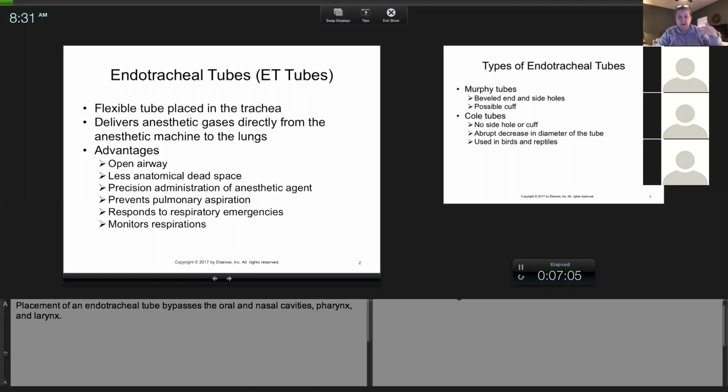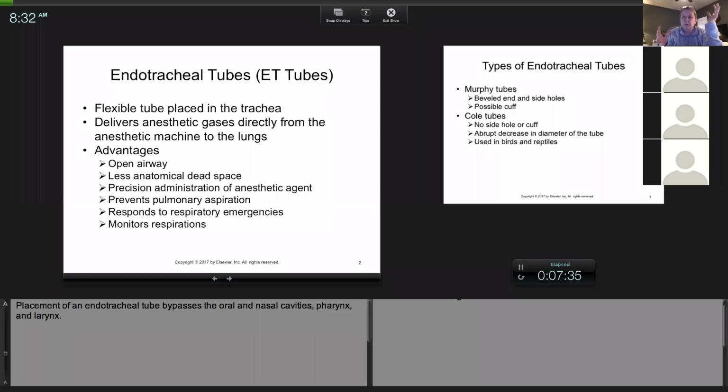So you already have the airway, you have precise administration. But the other thing is it prevents pulmonary aspiration. I'm going to show you pictures of these tubes. On the end of the tube, there's like a balloon. It's called a cuff. Now, think about it this way. If this is the trachea and this is the tube, there's space, because very rarely are you going to put a tube in an animal that's perfectly fitted to their size trachea.